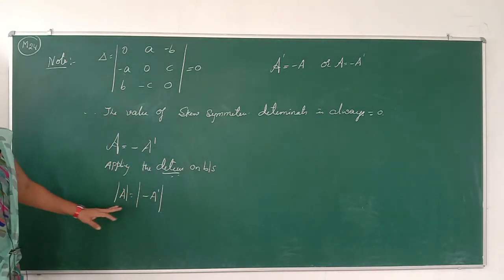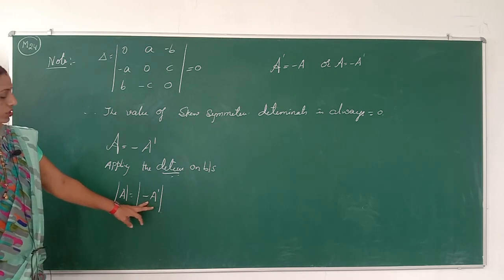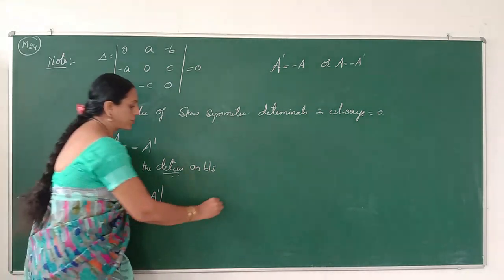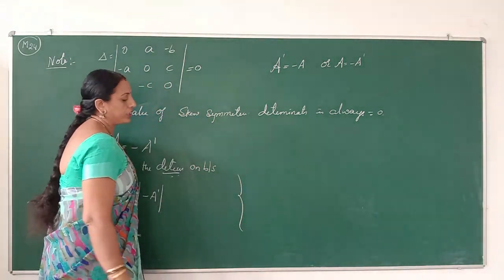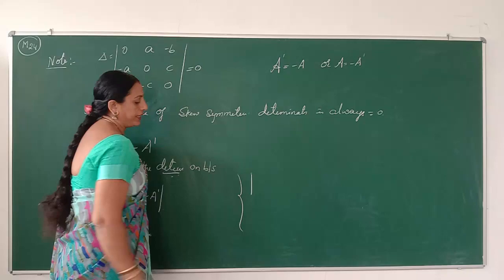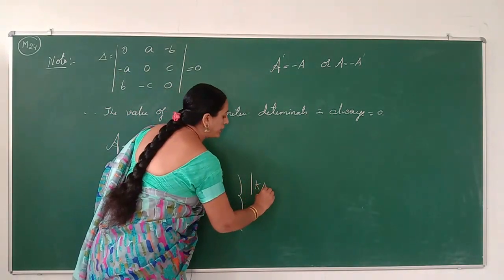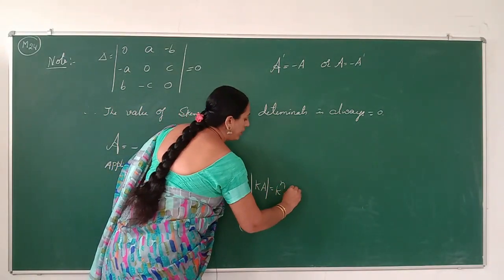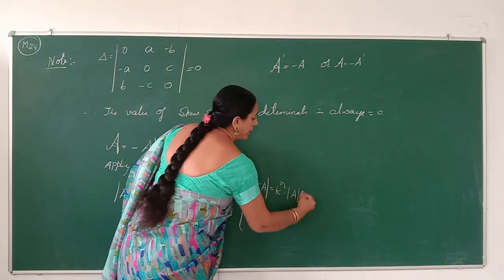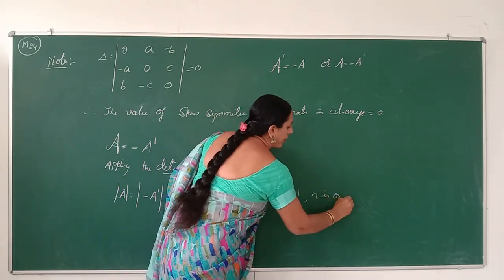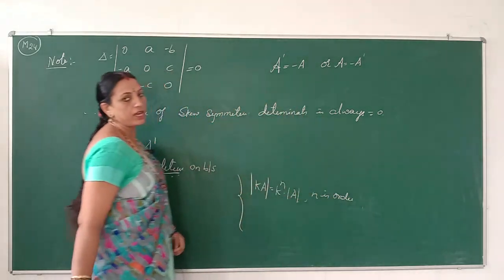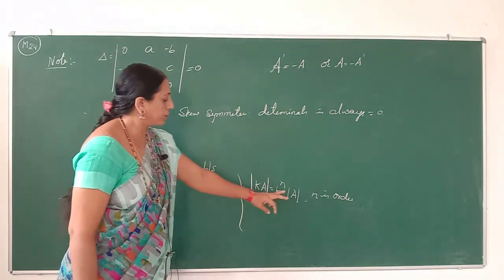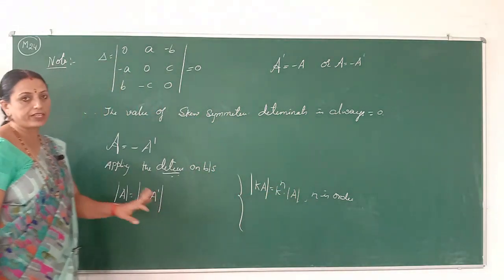That minus is a scalar multiplication. We already know one of the properties of the determinant: determinant of K into A is K to the power of n into determinant of A, where n is the order of the matrix.